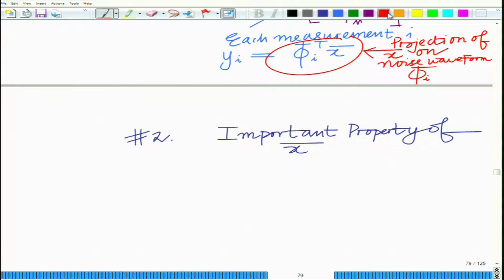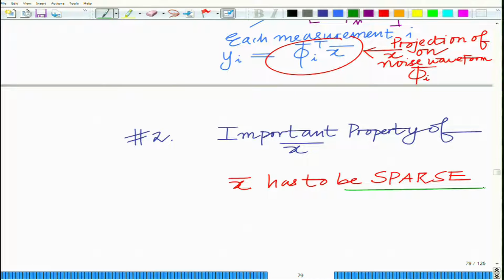I am going to introduce this terminology which we are going to use very frequently: x bar has to be sparse, and this is a very important property. What is the meaning of this?